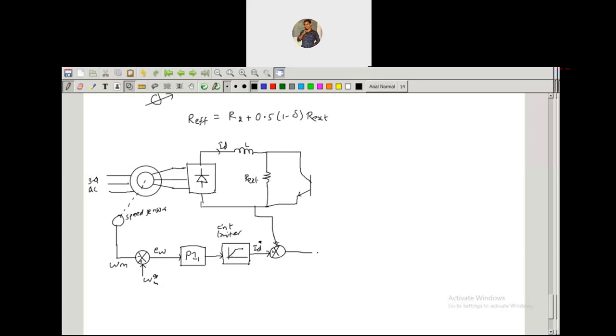This is the error in current, which will be given to one more PI controller, and its output is used to drive the base driver circuit, to trigger the switch.